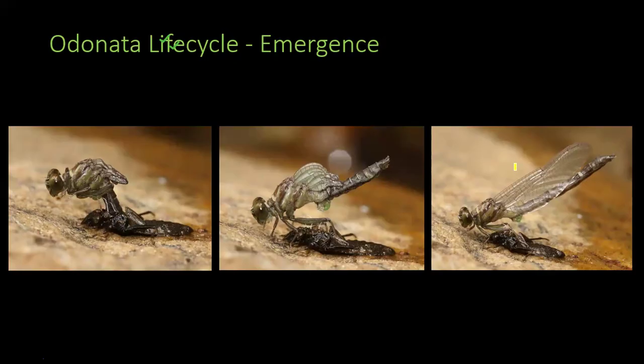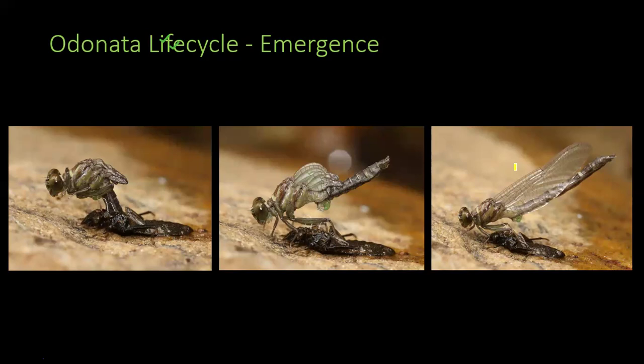This emergence process changes the aquatic larvae to a terrestrial insect, morphing into the aerial insect that we usually know as dragonflies. You can observe this if you take a walk along a canal or a suitable water body in the morning.